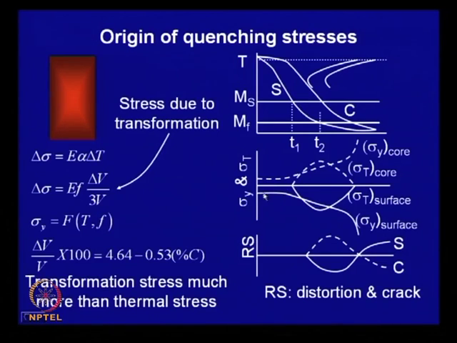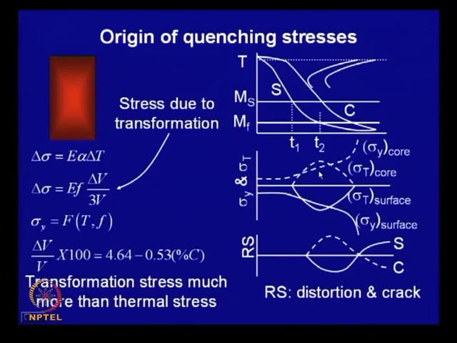As the material cools down, its strength also increases, its yield strength also increases, which is shown over here. Initially when it is very hot, the yield strength is low, whether in tension or compression, and as it cools down, its strength increases. Whenever the stress that develops exceeds this yield stress, there are local deformations, which are permanent, and these local deformations can lead to distortion.